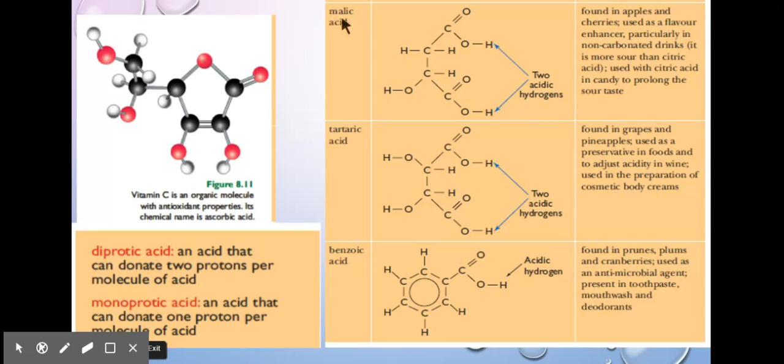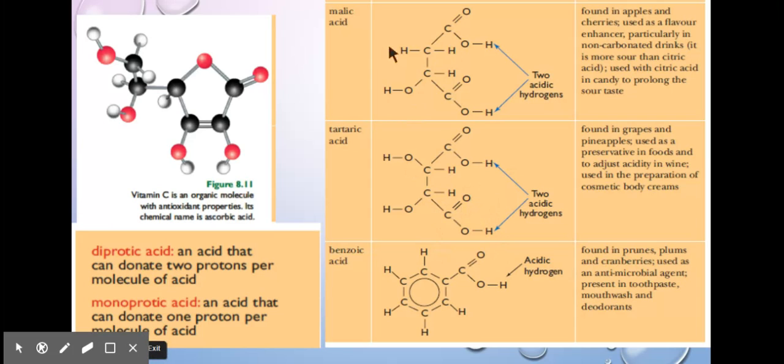And that's malic acid, and that's tartaric acid. Malic acid's used to give lollies an extra bit of sour if we want them to have it. Tartaric acid is used as an anti-moulding kind of agent, and it is also diprotic.